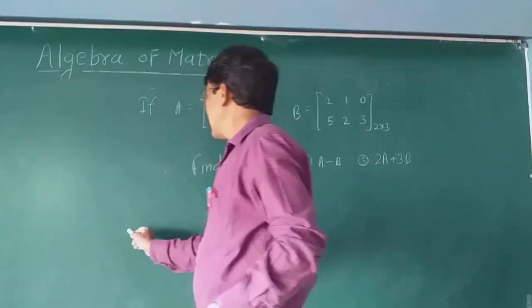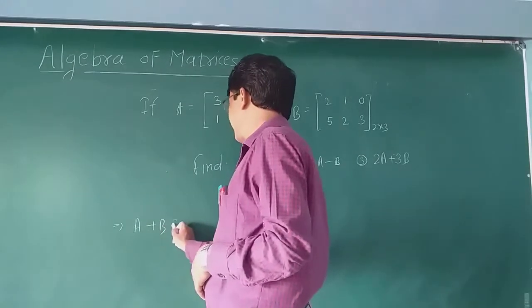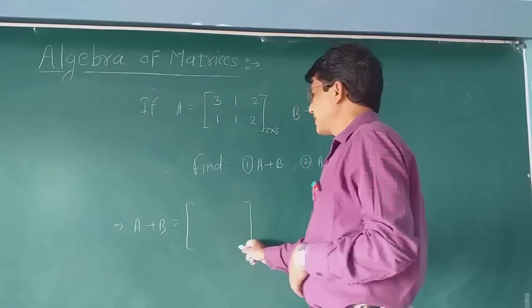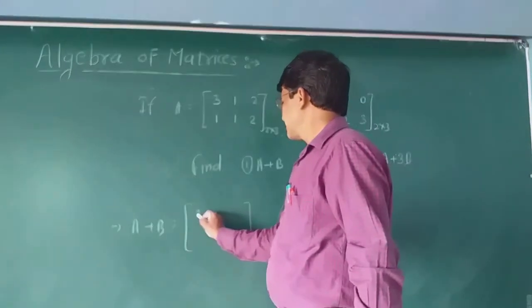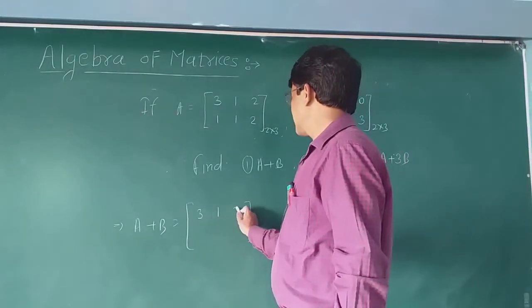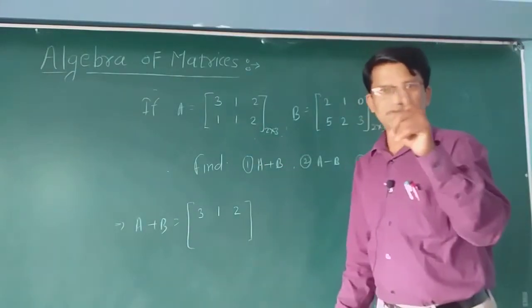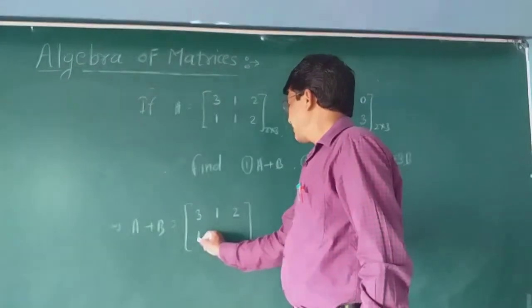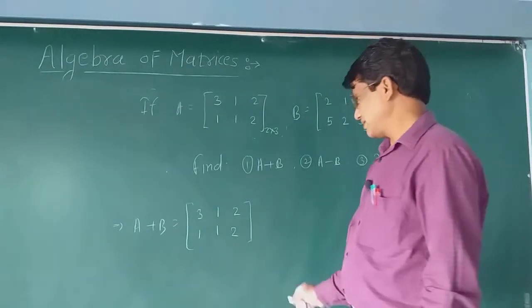Okay. Our answer for first: what is the answer of A plus B? What is A? A means our first matrix: 3, 1, 2. This is our row number first. 1, 1, 2. This is row number second.